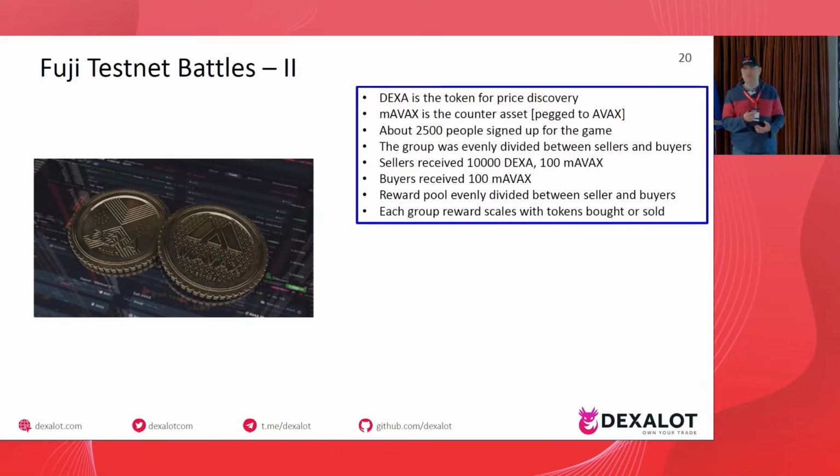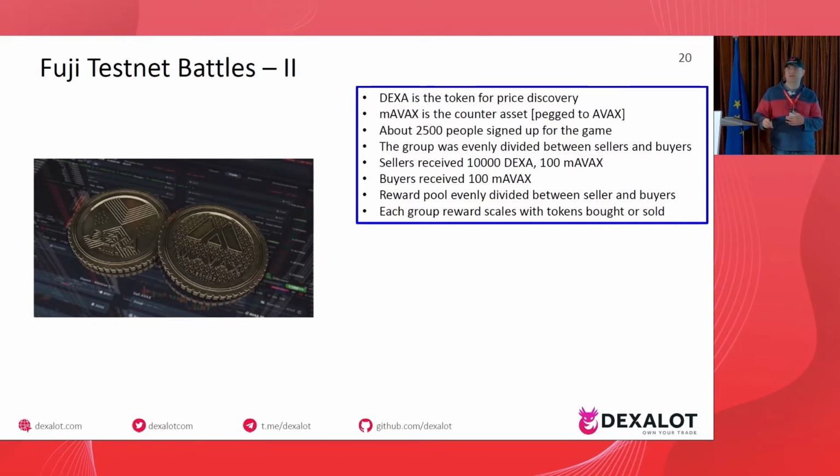So in this one, we tried to make it so that there is some sort of competition between the groups. We divided up the reward pool into two, between the seller group and the buyer group, 50-50. And then, depending on how well they perform with respect to the others in that group, getting a better price compared to the others, we scale the reward within that group according to the weighted average or weighted volume.